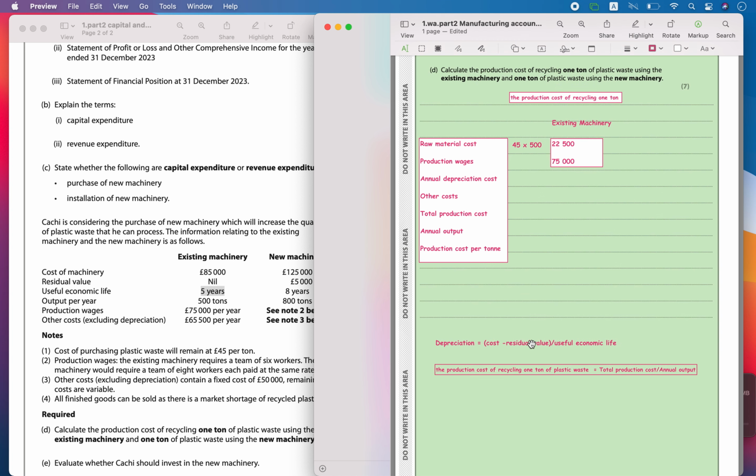That's the expense I have to calculate. So here it will be 85,000 divided by 5, which is 17,000. That's the cost. Let's check if there is any other cost he's mentioning.